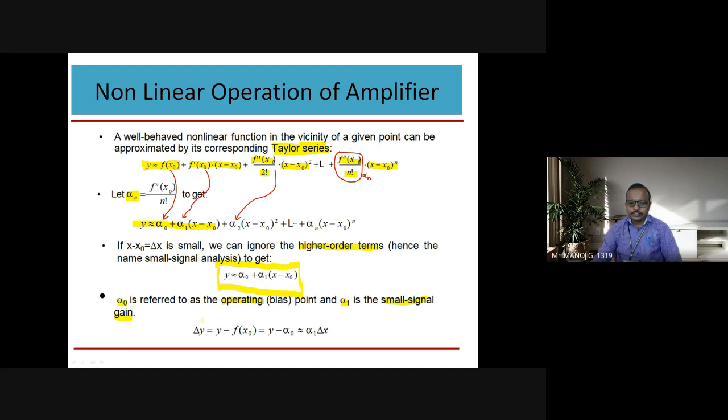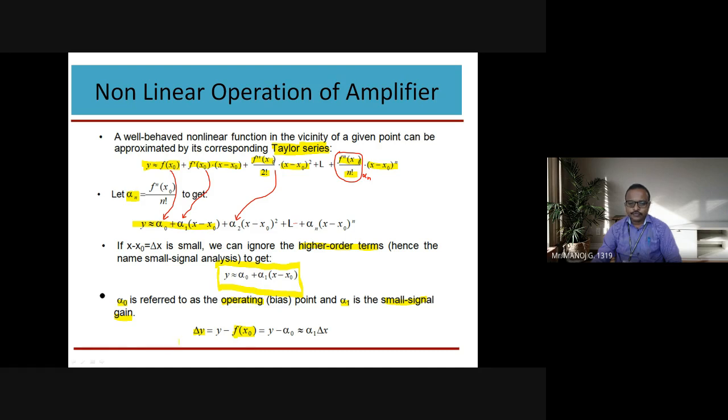So we can replace this expression with delta y. Delta means a small change in the output variable, given as y minus f of x naught. How do you get y? Any idea? A small change in y is given as y minus f of x naught.